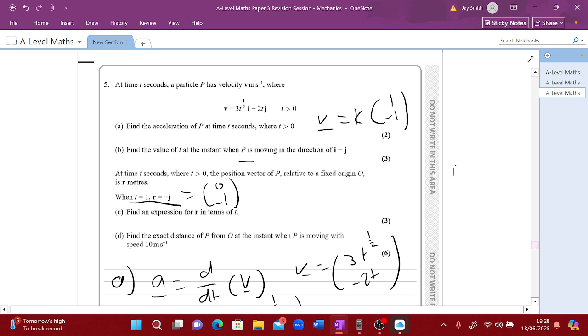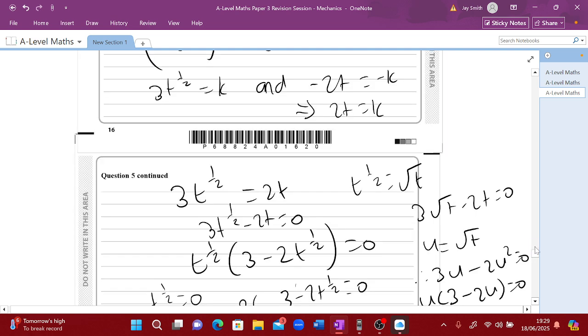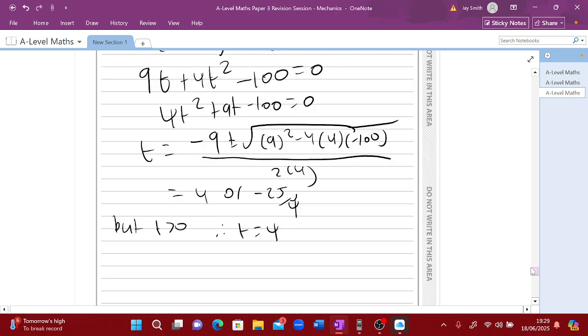So that's what we want, because t was 4 seconds. If we substitute that into r to get r(4), that's giving us the position vector, the vector between O and that point. Then we can find the distance from P to O by doing the modulus, the length. So I'm going to substitute t as 4 into r.